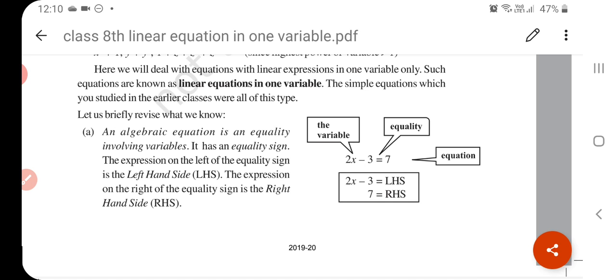Algebraic expression. What do you mean by algebraic expression? Algebraic expressions are formed by combining variables and constants using the operations of addition, subtraction, multiplication and division. That is called only an algebraic expression.